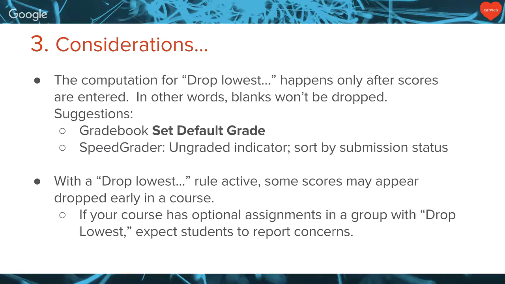The computation for drop lowest happens only after scores are entered in the gradebook. So it's not going to start out dropping blank scores. From the perspective of the program within Canvas that implements the drop rule, when a grade is blank or not filled in, there's nothing yet to drop.